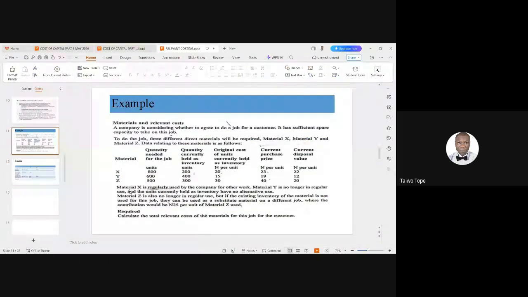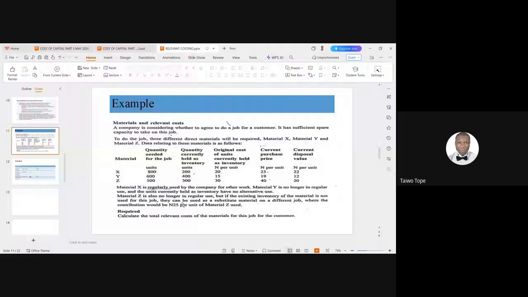Material Z is also no longer in regular use, but if the existing inventory of the material is not used for this job, it can be used as a substitute material on a different job, where the contribution will be 25 naira per unit of material Z used.